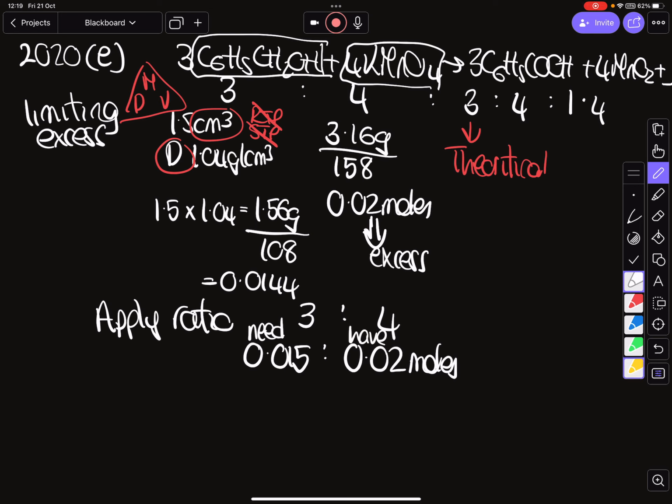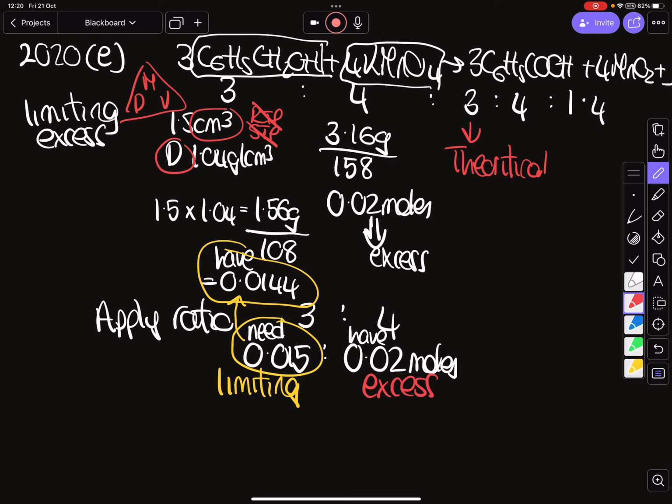And what we're doing now is comparing: this is what I need, this up here is what I have. So I don't have enough of my phenylmethanol because there's a difference between these two numbers. So this means that this is the limiting reagent. It confirms that my KMnO4 is the thing that is in excess.